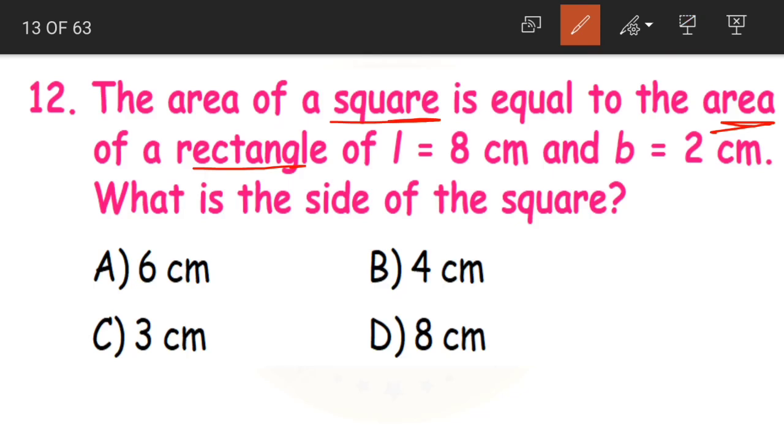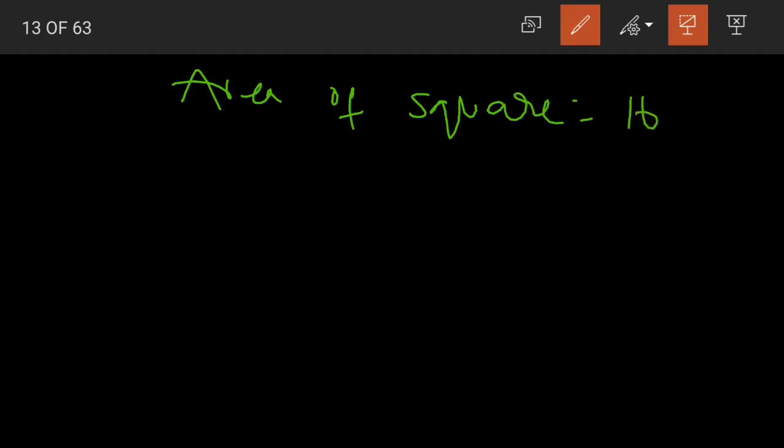Yes. Now what should we do? We should find out the side of the square. Area of square, how much did we get, children? 16. Yes. So what is the formula for area of square? S into S is equal to 16. Now we have to find out the length of this side, S. S into S. That means the same number has to be multiplied twice.